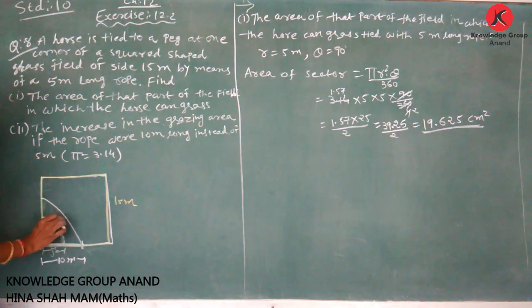Here is the original area. Then the increase area is equal to area of sector with radius 10 meter minus area of sector with radius 5 meter.